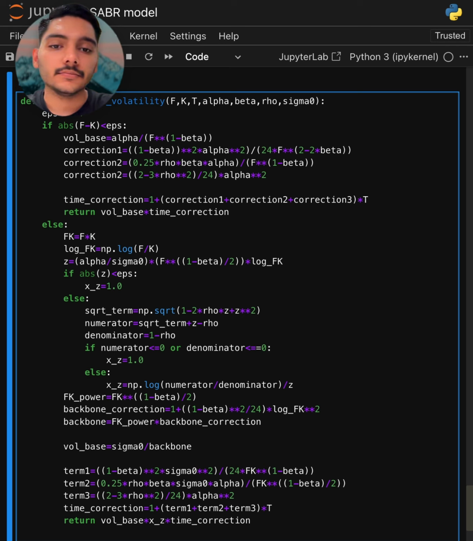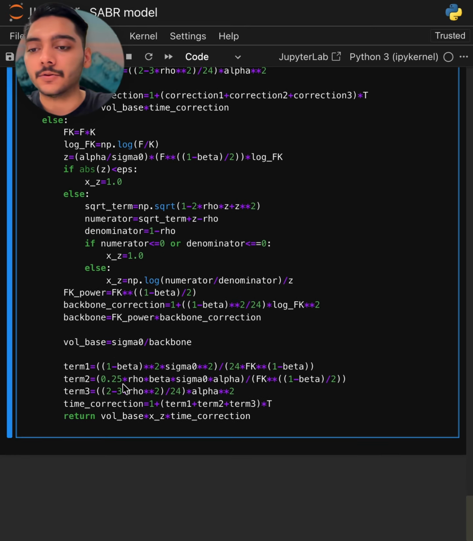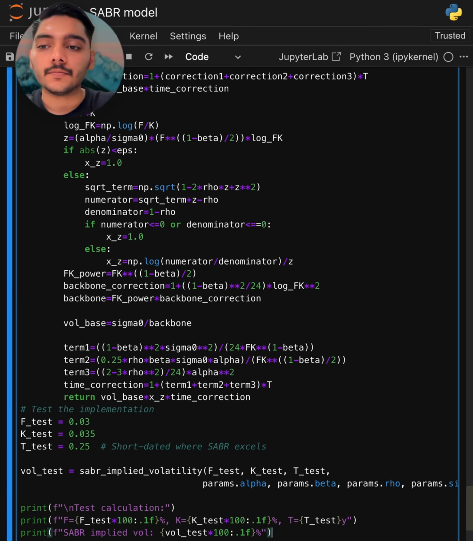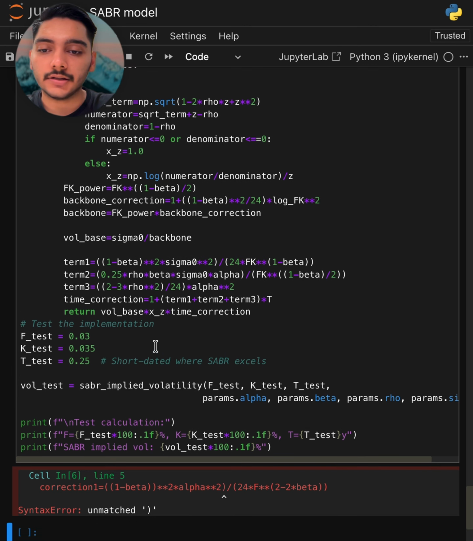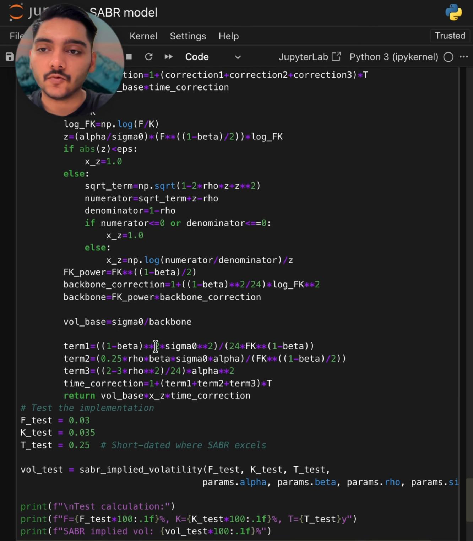I'm just copying the parameters which I have already written in my code. There's an error. Let me check. Correction 1, the error is here.